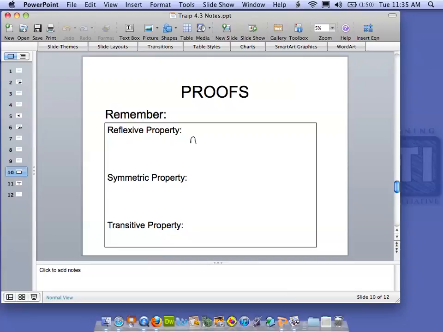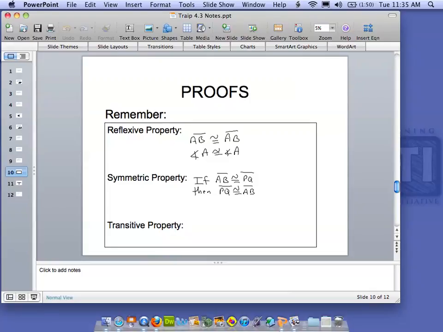So you might have side AB is congruent to side AB, or you might have angle A congruent to angle A. The symmetric property was when you had a statement that you could turn around. So if segment AB is congruent to segment, let's say PQ, then it's also true that segment PQ is congruent to AB. We're just reversing the order.